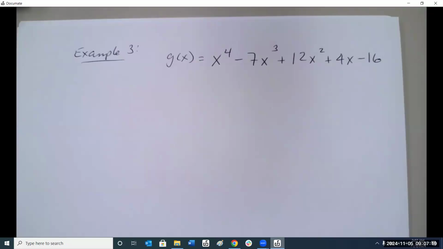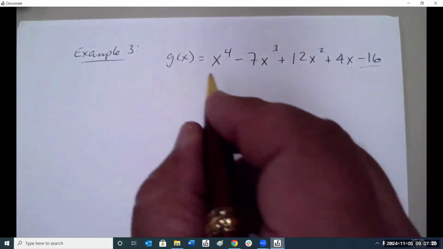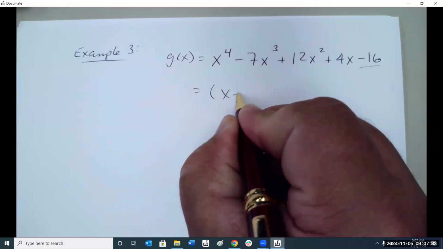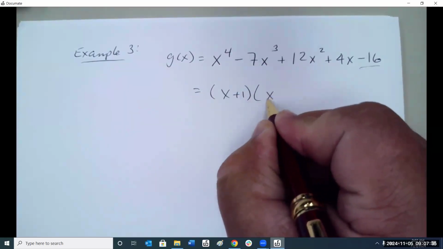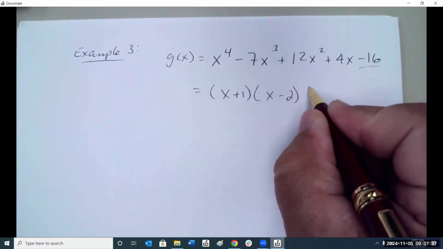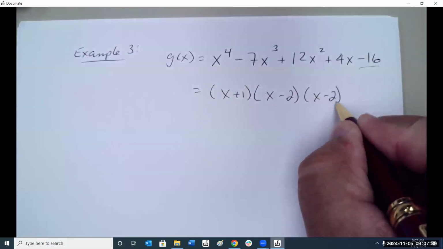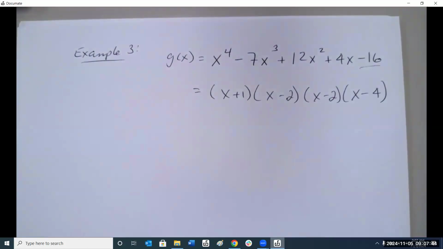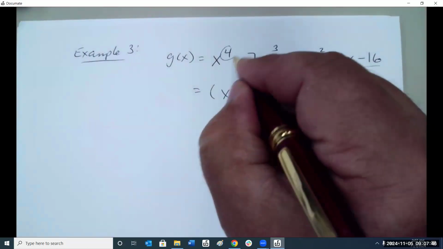But at the end of this week, hopefully we'll get far enough so you can factor this out and then find me the x-intercepts. We know the y-intercept already is -16. So for right now, I'm going to give you the factors. And yeah, we should have 4 solutions because the degree is 4.